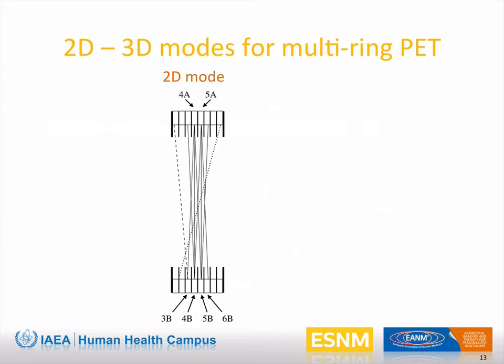For example, block 4A in the picture is in coincidence with 3B, 4B and 5B only. The picture only shows all the acceptable LORs involving detectors 4A, 5A, 4B and 5B. The LOR indicated by a dashed line is rejected by the 2D mode coincidence system.